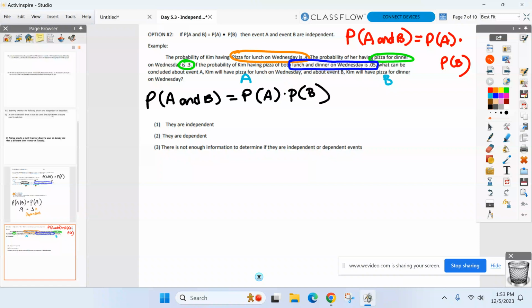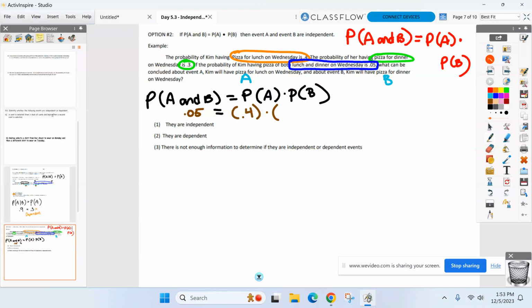Let's see if we can fill them out because we are given both probabilities in this problem. What's the probability of pizza for lunch and pizza for dinner? That was 0.05, right? So 0.05. Is that the same as the probability of pizza for lunch? Take a look back at your problem, guys. What was the probability of pizza for lunch? Looks like it was 0.4 times, what's the probability of pizza for dinner?